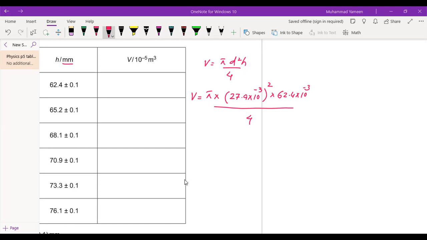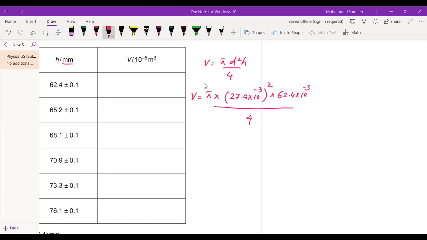So I will put 3.14, times 3.14, divided by 4. So this is the value of V, and you can see it.